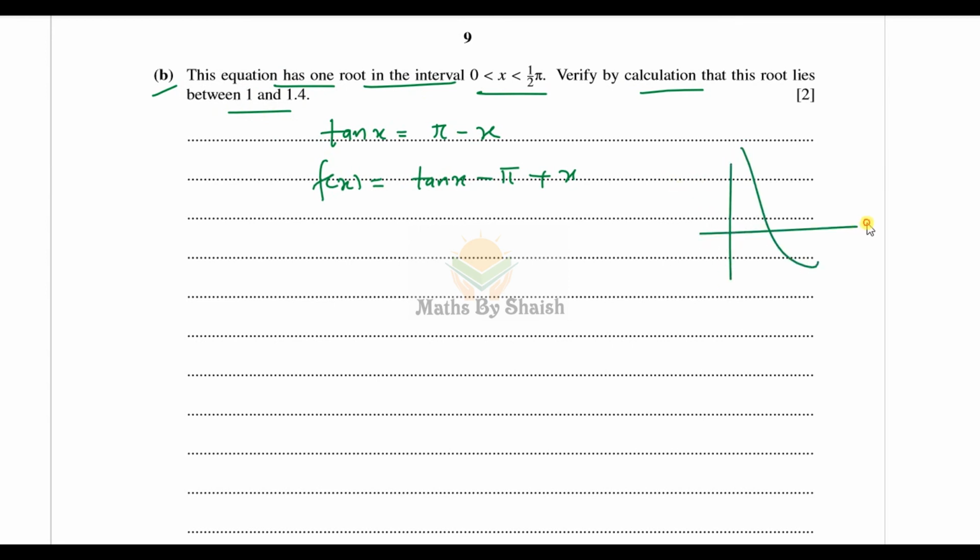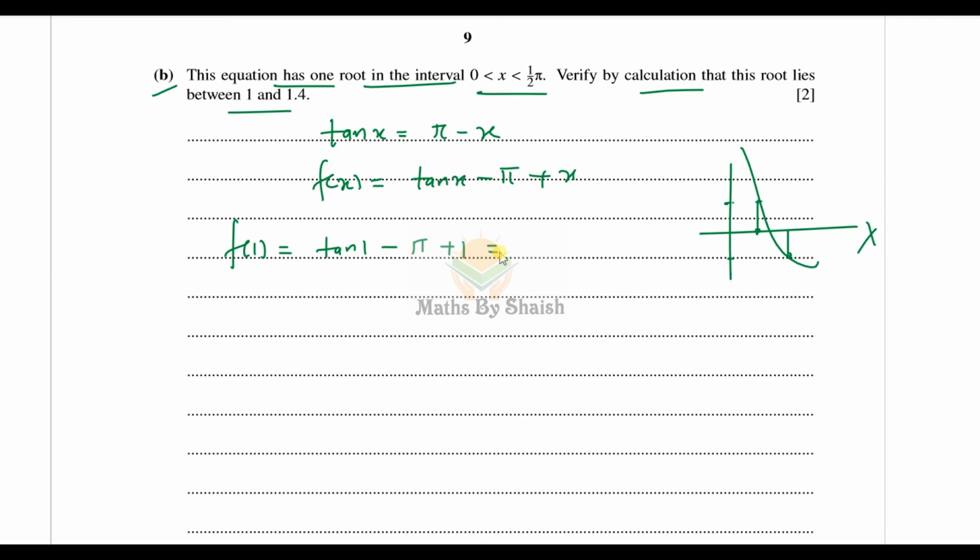In order to prove that this root lies between 1 and 1.4, see, this is the x-axis and this is the y-axis, and if you find 2 points at 1 and 1.4, and they have different signs, it means the curve will cross the x-axis in between, and hence the root lies between 1 and 1.4. So first of all, we'll find f of 1, that is tan 1 minus pi minus 1, by calculator.